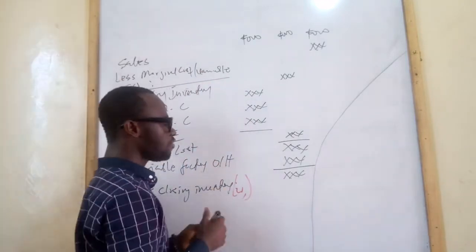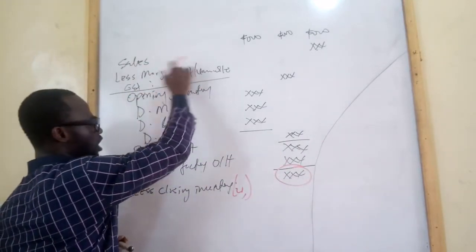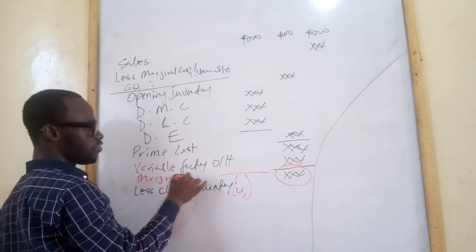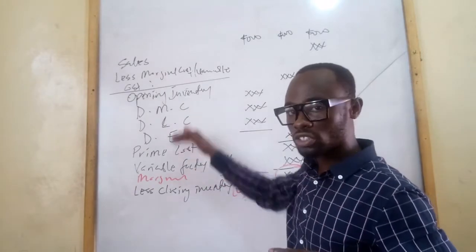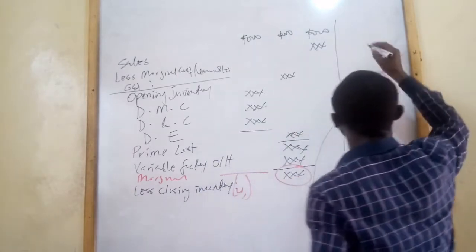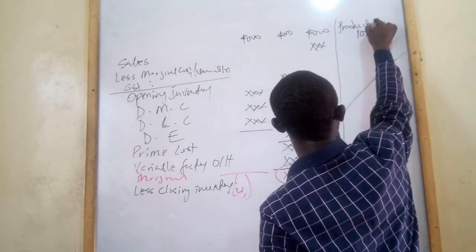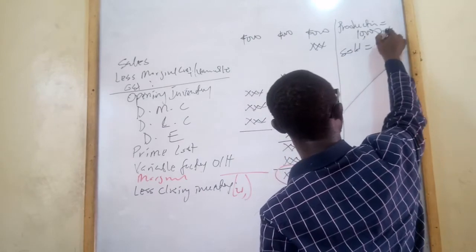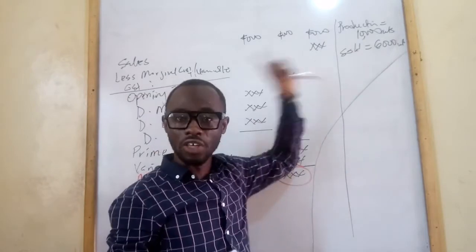So the closing inventory is what I was mentioning, that we need to make workings for it. So closing inventory will be based on this marginal cost. We will calculate the closing inventory on that cost. Remember, there is no fixed cost that we are bringing here. So how do we calculate the closing inventory? For instance, if we produced, let's say, 10,000 units, and we sold 6,000 units, that means that the output left is 4,000 units.